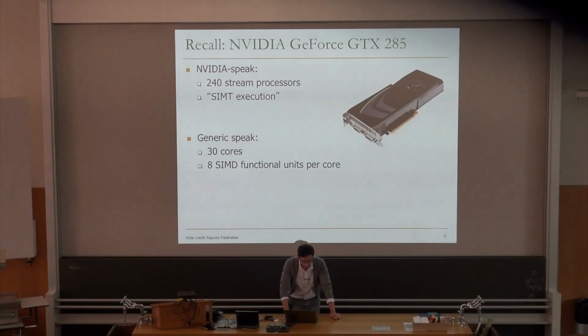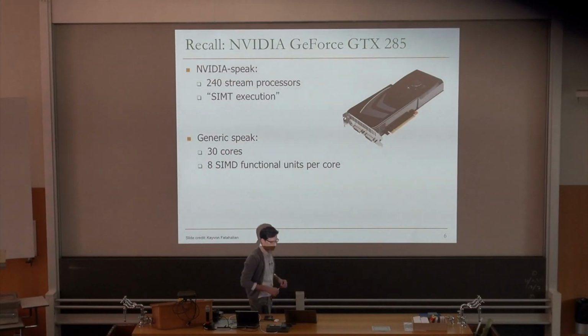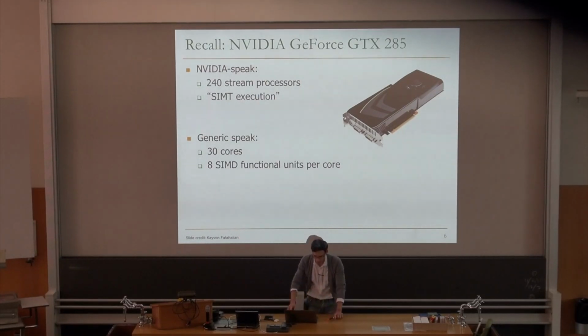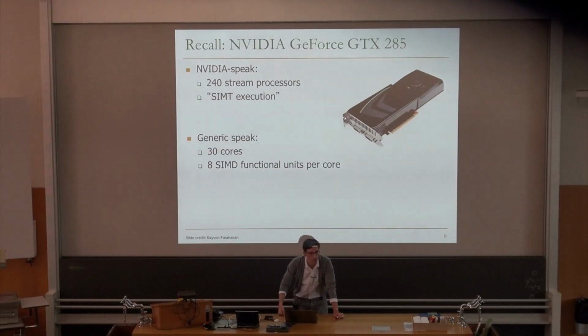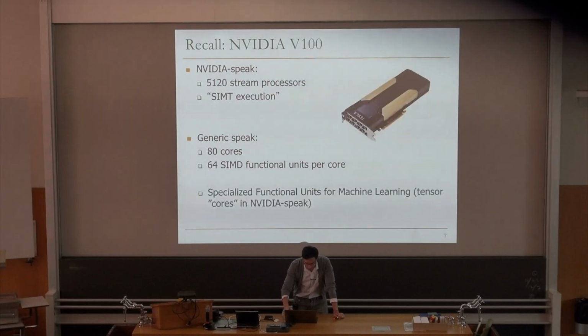So this was the slide that we showed for this very first generation, the GeForce GTX 285, which only contained 240 so-called stream processors, which are actually what we called vector lanes in the vector processing lecture. If you look at the most recent Nvidia V100, it's more than 5,000 of these vector lanes. So you can see how much the potential of these GPUs has improved.